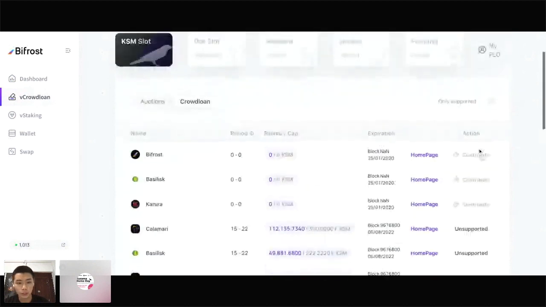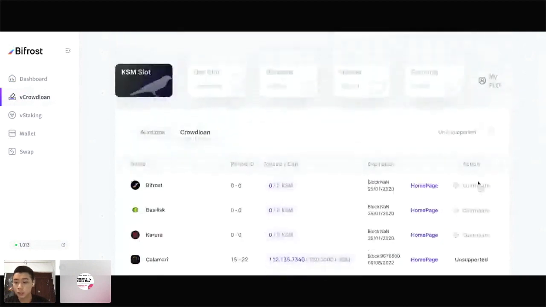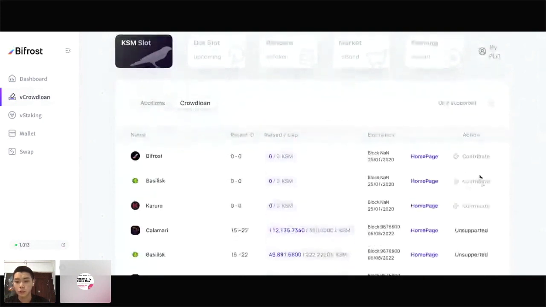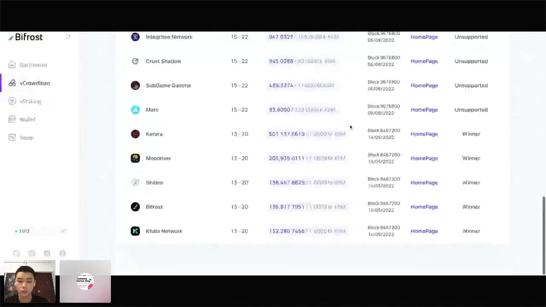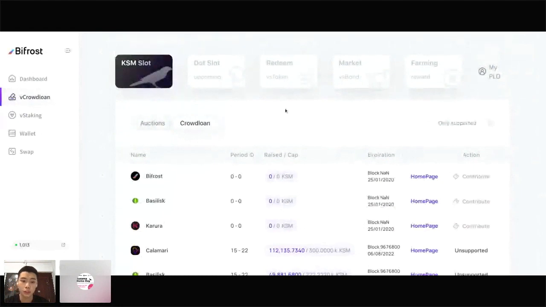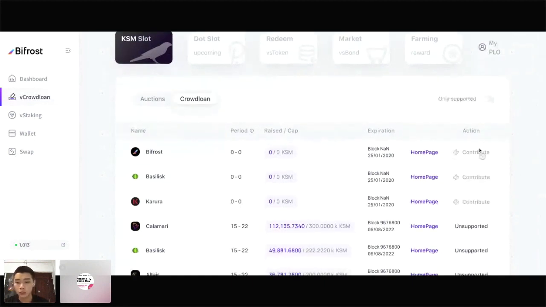But unfortunately the test chain is under upgrading, so maybe we cannot test the contribution here, but instead we can take a look at the full steps of how you contribute, how you get the derivatives and how you redeem them. The foremost step is that you contribute to a parachain, but I cannot click here.